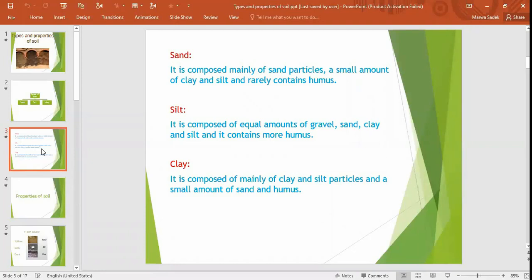What about silt? Silt is composed of equal amounts of gravel, sand, clay, and silt, and it contains more humus.